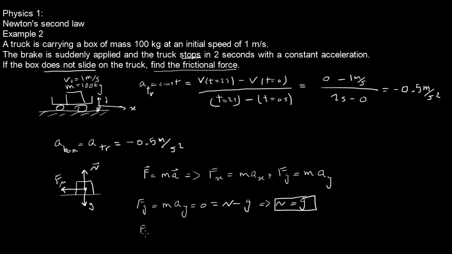So Fx is actually equal to, since it's in the negative direction, opposite to the positive x direction, negative F mu. So F mu is a force, it's the negative of the magnitude, and it is equal to mass, which is 100 kilograms, times the acceleration of the box, which is negative 0.5 meters per second squared.